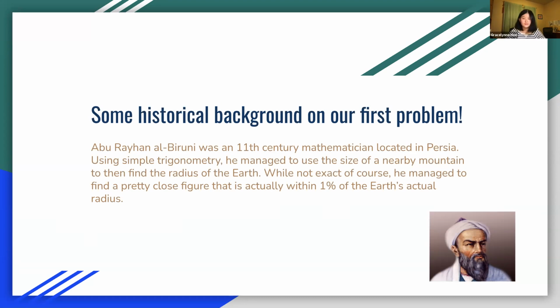Using simple trigonometry, he used the size of a nearby mountain to find the radius of the Earth. While this wasn't exact, he found a pretty close figure, within 1% of Earth's actual radius. Obviously there weren't cameras back then, so this is a rendering of what he probably looked like at the time. Now we'll move on to our first problem.